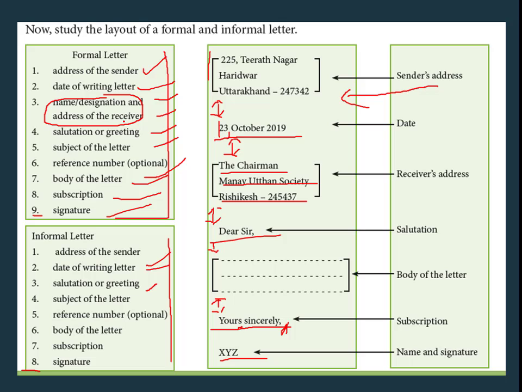So there is no need to write down their name, designation, because we have a personal relationship with them. So remember, when you are writing an informal letter, you are not going to write the receiver's address. So one element is less, otherwise it's the same.